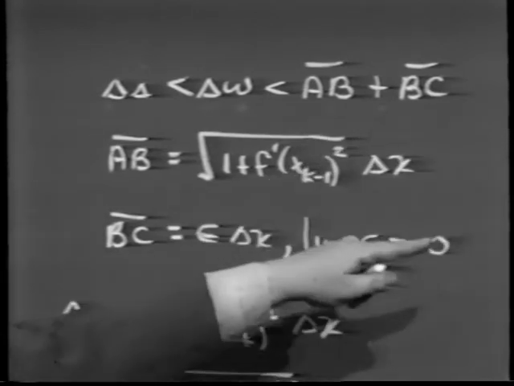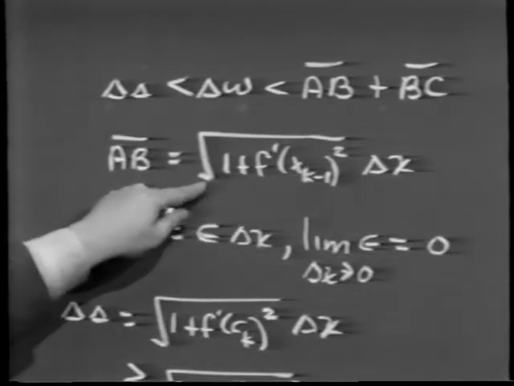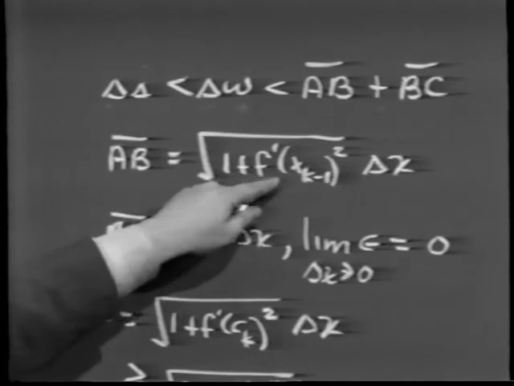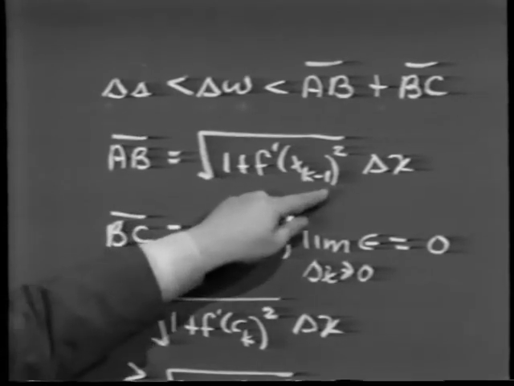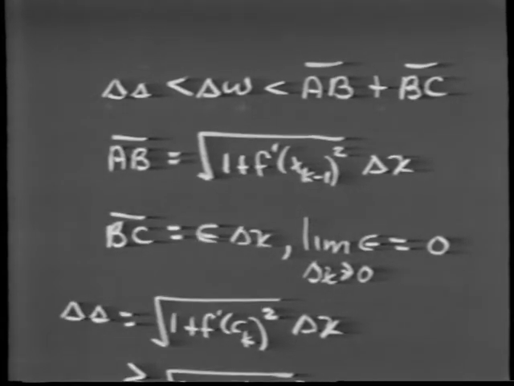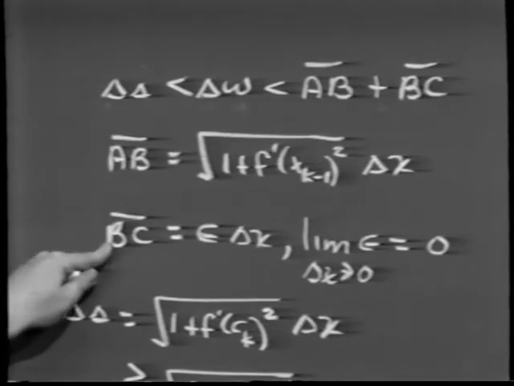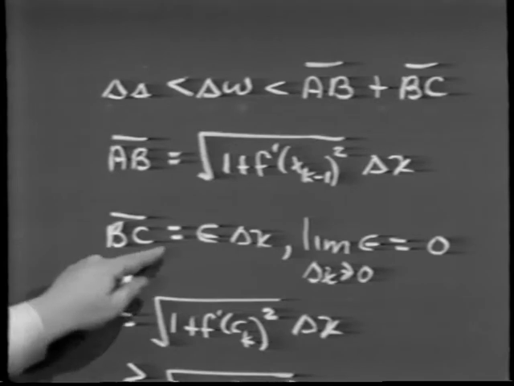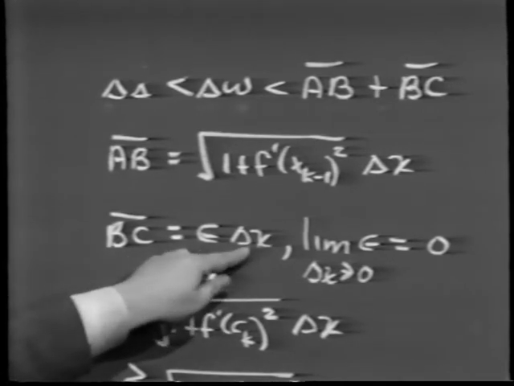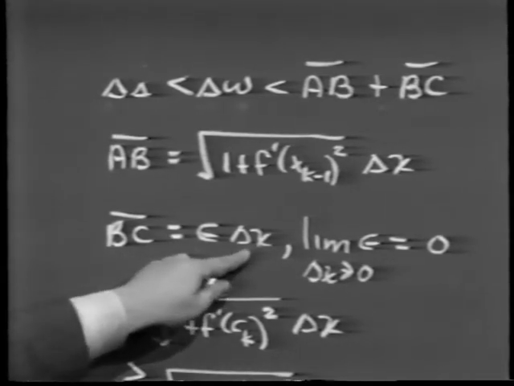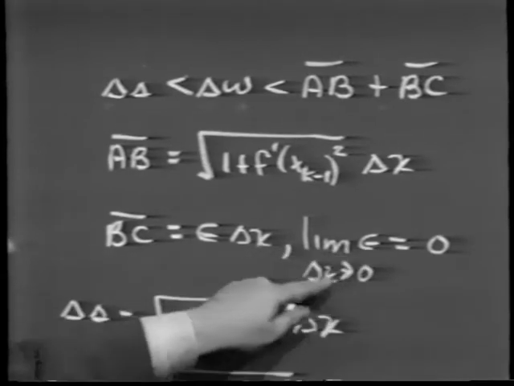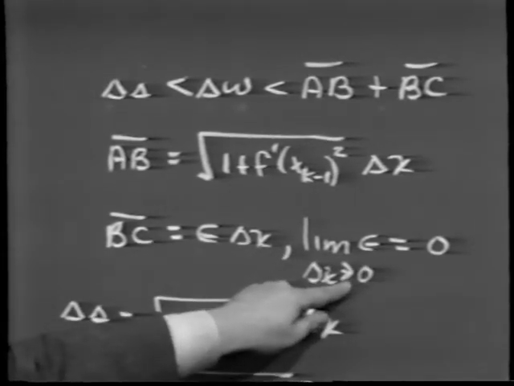As we showed on our little inset here, AB is the square root of 1 plus f prime evaluated at x sub k minus 1, squared, times delta x. What is BC? Remember, BC was delta y minus delta y tan. That's just your epsilon delta x of your infinitesimal idea, where the limit of epsilon as delta x approaches 0 is 0.